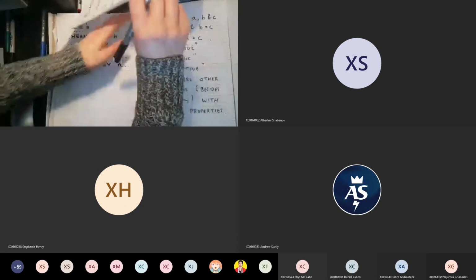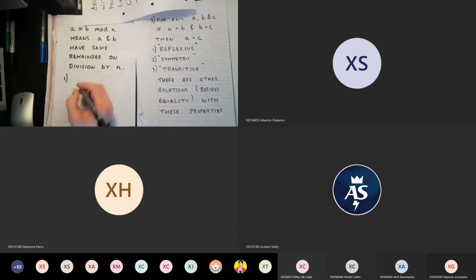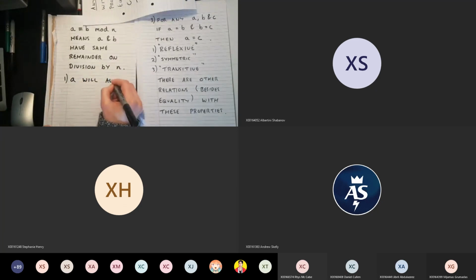Is it reflexive? Well, A will always have the same remainder as itself.